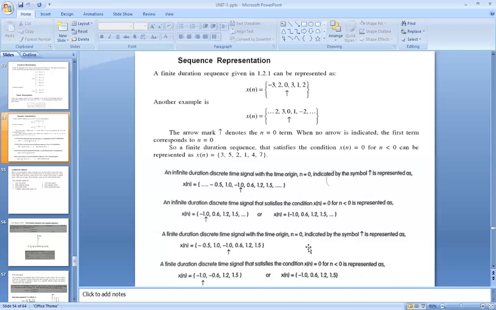Now another example is also shown here. In this example, an infinite duration discrete time signal satisfies the condition x of n is equal to 0 for n less than 0.